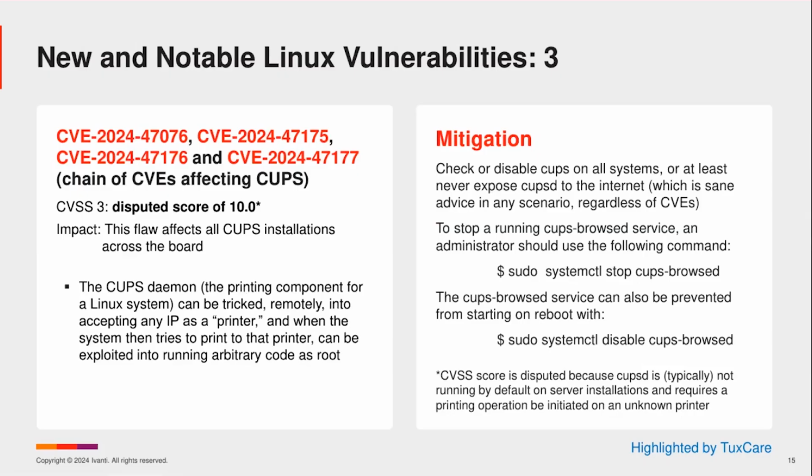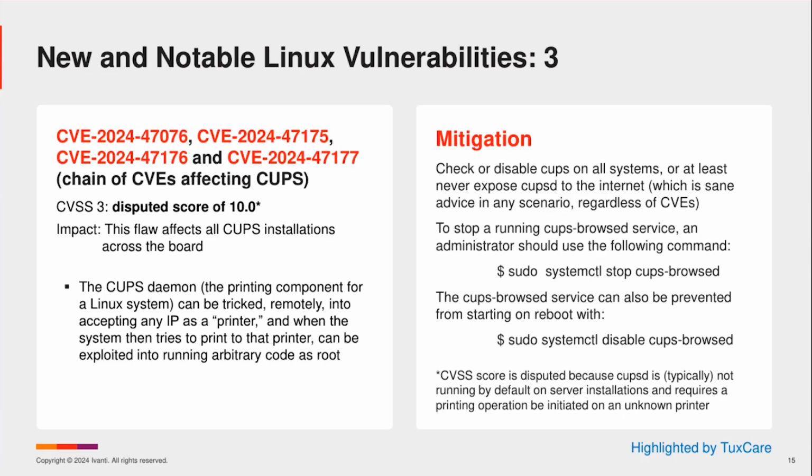The next one here, there's actually a few CVEs on this one. CVE-2024-47076, 47175, 47176, and 47177. It's a chain of CVEs affecting CUPS. There is a special note here. There's a CVSS score of 10.0 on the vulnerabilities here.